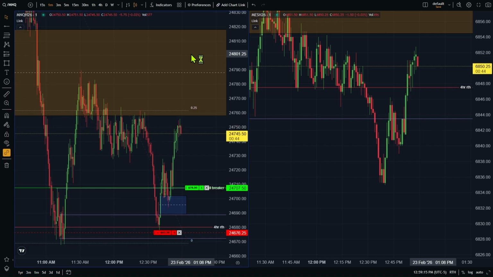You know, there's a lot of things that prop firms do to get you emotional in trading. And one of them is putting this, that would have filled me right there. One of them is putting this money right here.